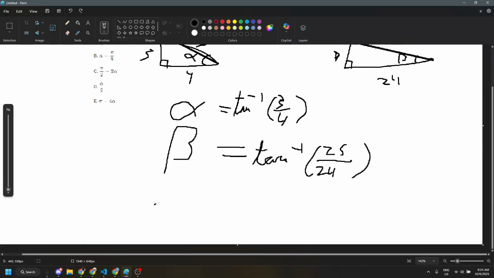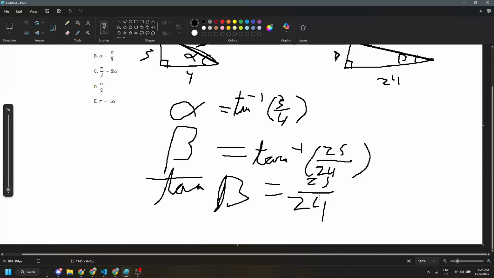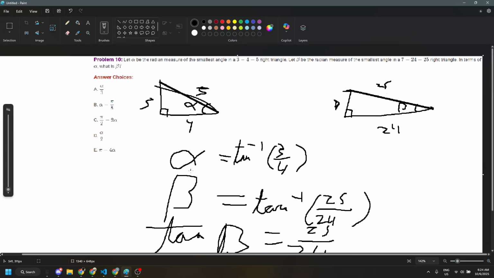But what you can do is just do tangent of beta is equal to 25/24. If this helps at all. But I need to find alpha in terms of beta, or find beta in terms of alpha.